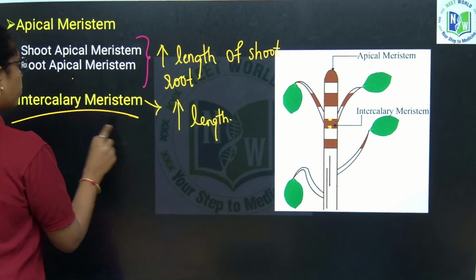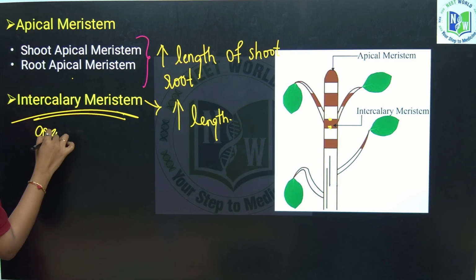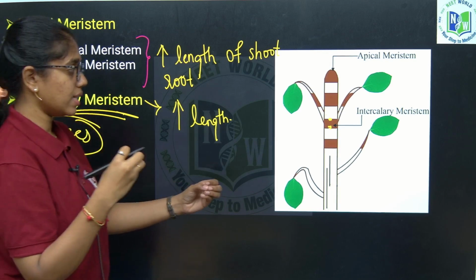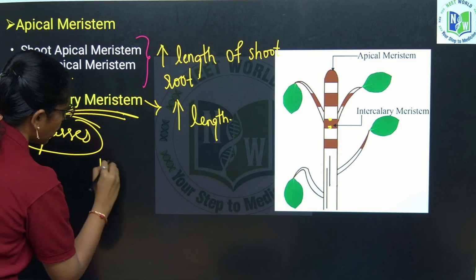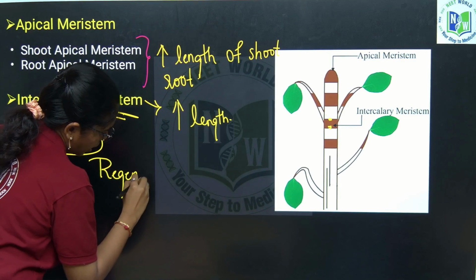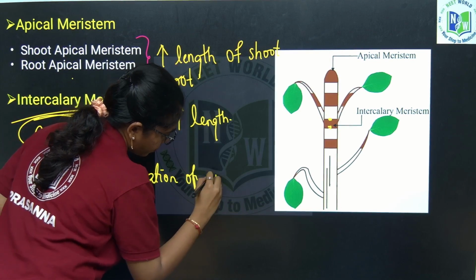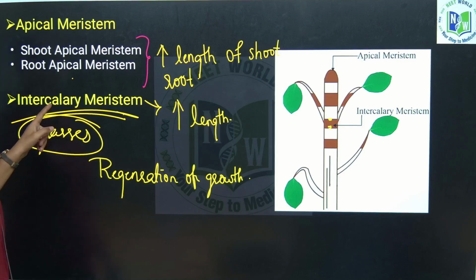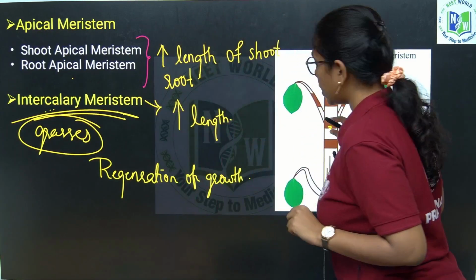But then there is one more unique function which is applicable to grasses. Whenever grazing herbivores eat these grasses, regeneration of growth happens because of the intercalary meristems which are present in between the nodal regions.